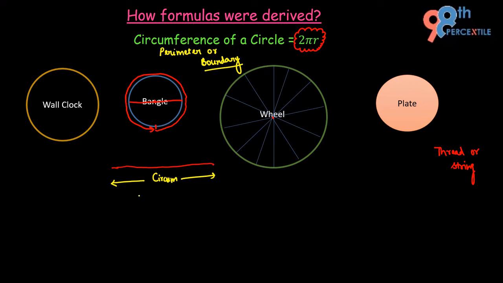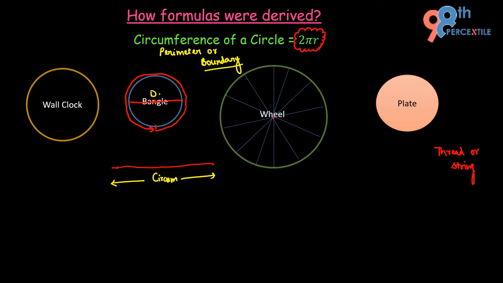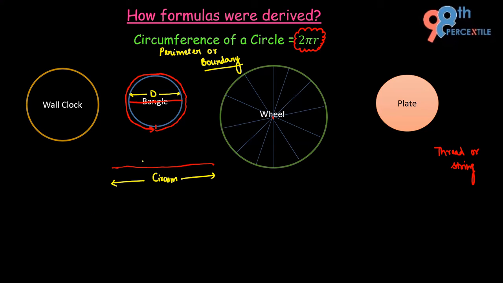So you have two quantities now. One is circumference and the other is the diameter. Now I want you all to find these values, circumference and diameter, for all the objects.